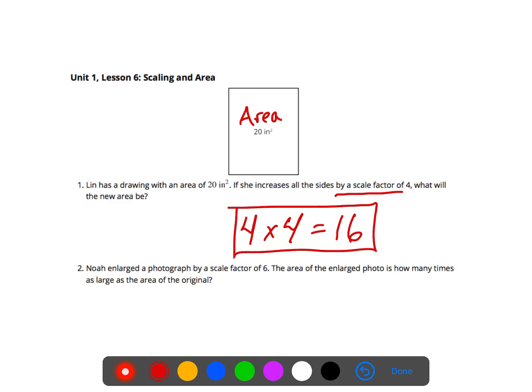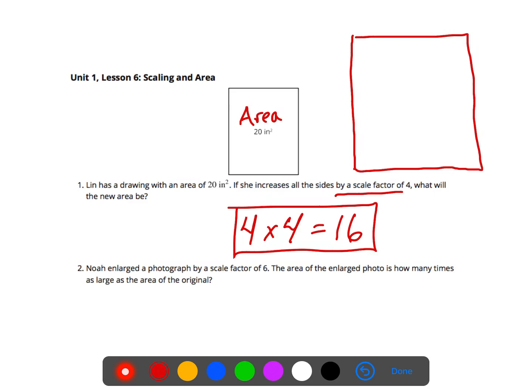So that would mean that if we have an area of 20 square inches, now that area is going to become 16 times greater because of taking the scale factor times itself. Now, 20 times 16 is what we need to figure out to find this new area.